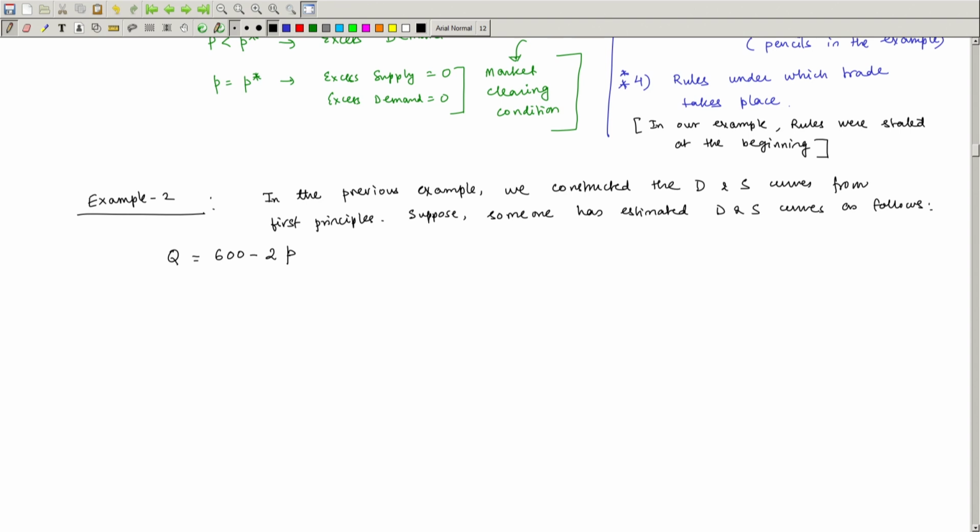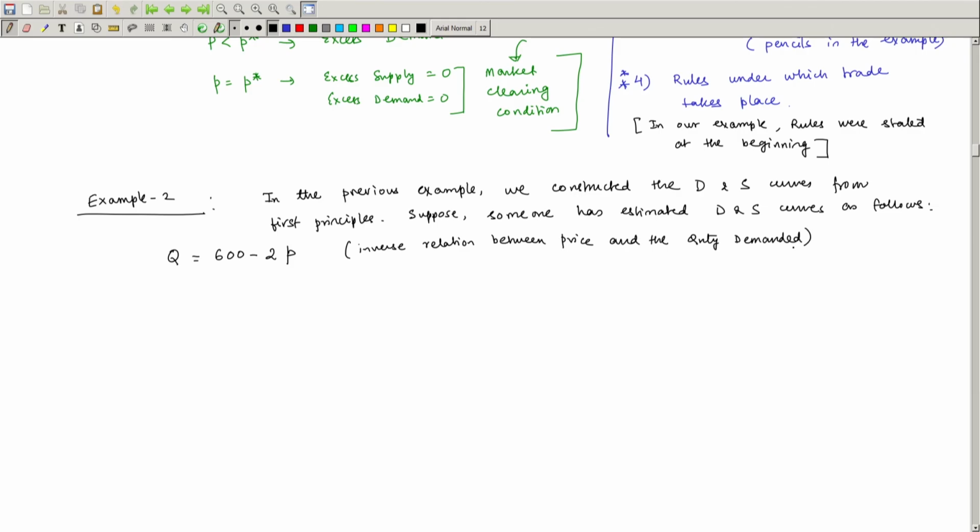I can know that this is the demand curve. How do I know that? Because there is an inverse relationship between the price and the quantity demanded, right?